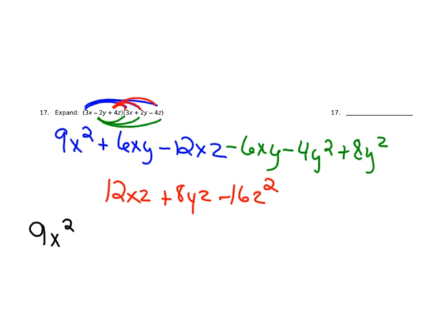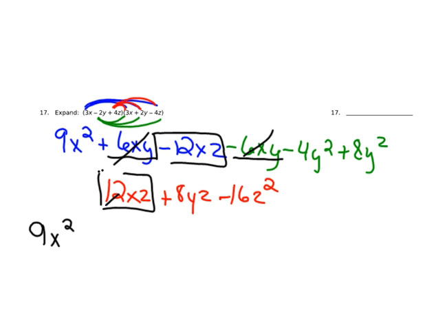I have a positive 6xy and a negative 6xy. Those are going to cancel, and I don't see any other xy's. Okay, negative 12xz, and I have a positive 12xz, so those are going to cancel. I have negative 4y squared.